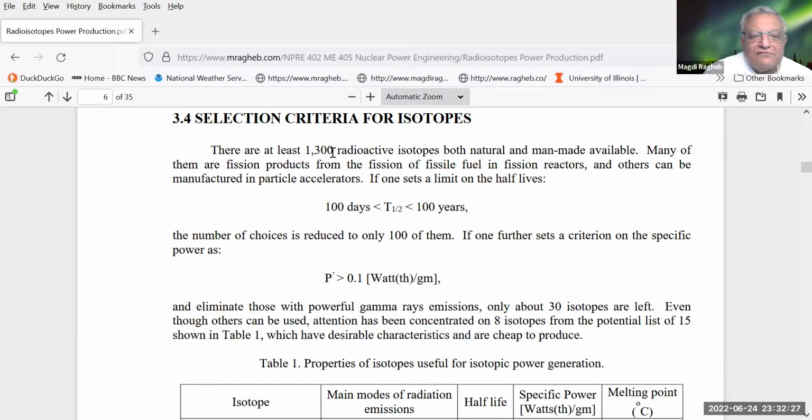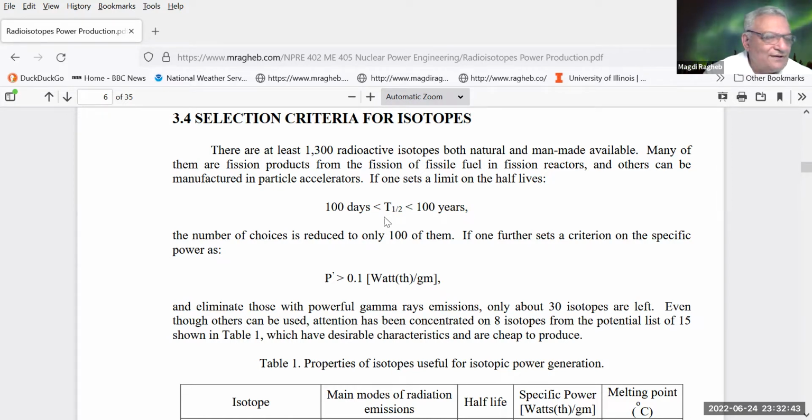You don't want to have an experiment or a probe that has a very, very long half-life. You cannot use uranium-238. It doesn't decay much, with a half-life of 0.7 billion years.